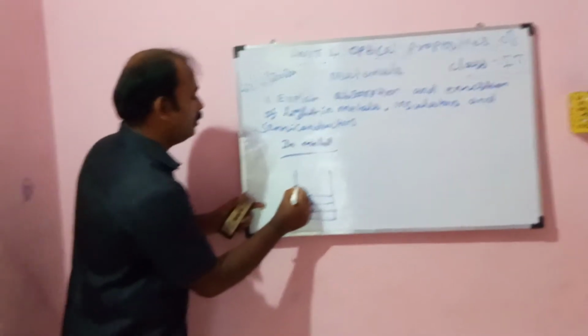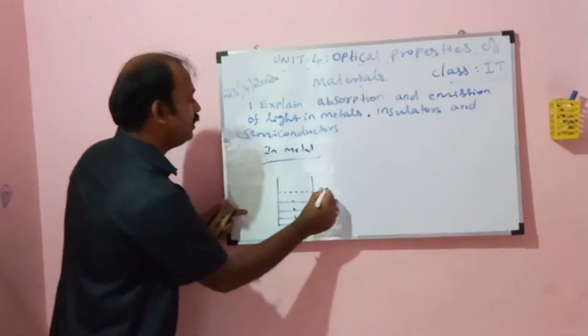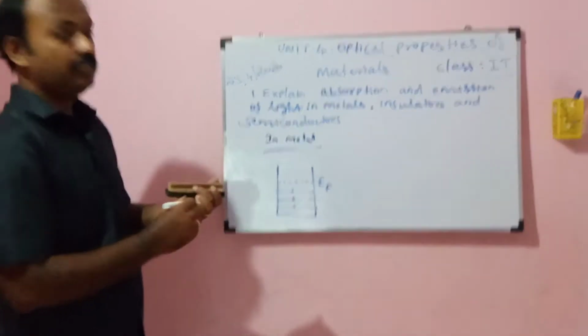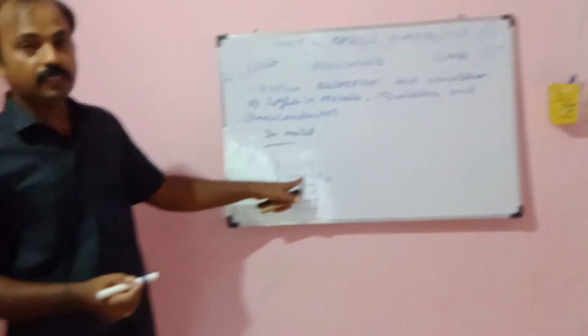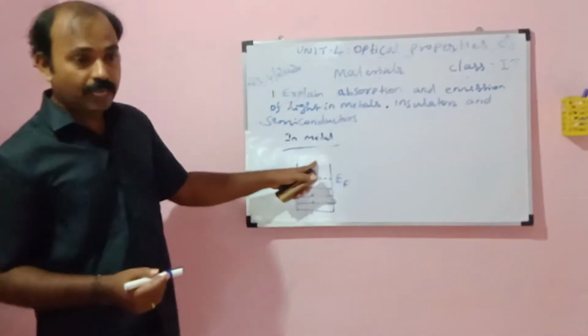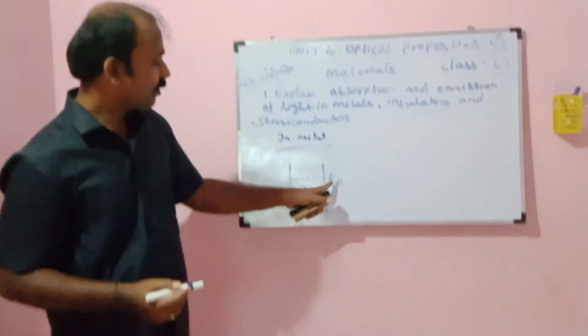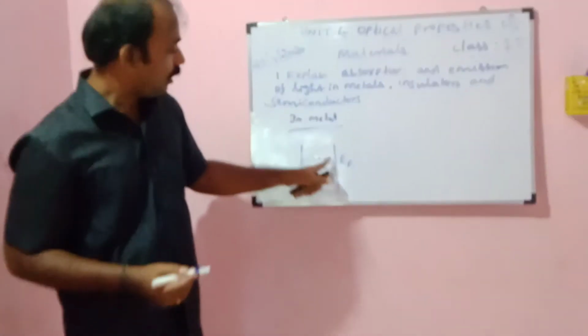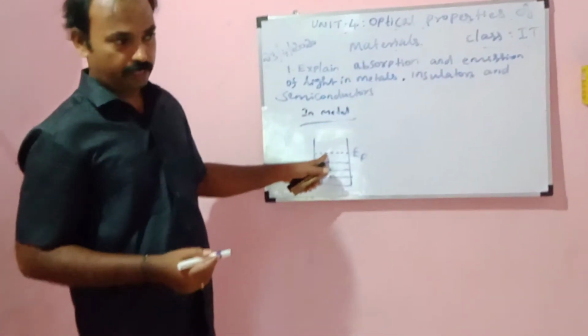This is named the Fermi energy level. The Fermi energy level is an energy state above which no electron is occupied.